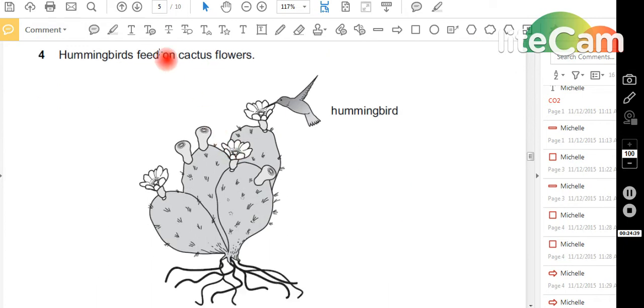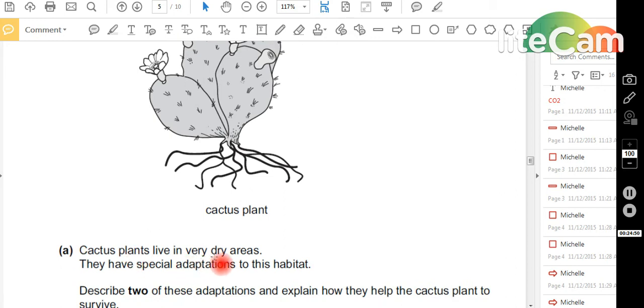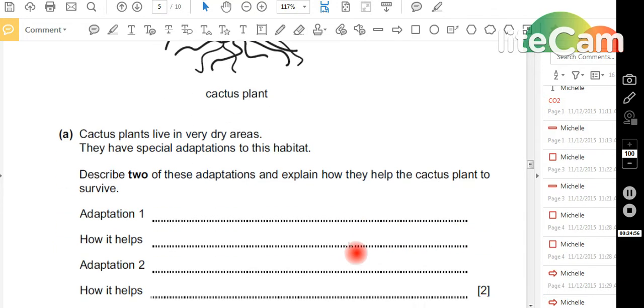Okay. Hummingbirds feed on cactus flowers, as you can see over here. There's the hummingbird, here's the cactus. Cactus plants live in very dry areas and they have special adaptations to this habitat. Describe two of these adaptations and explain how they help the cactus plant to survive.